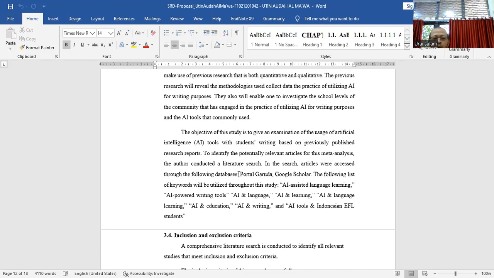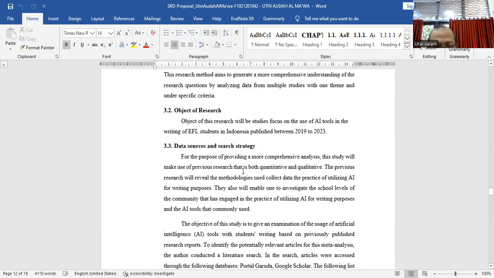Like, for example, Quillbot and writing tools, or grammar translation or Grammarly. So we try to find the keywords from the name of the AI, because many research titles mention the name of the AI product they use. For example, the use of Grammarly to check blah blah blah, meaning that they use an AI product.